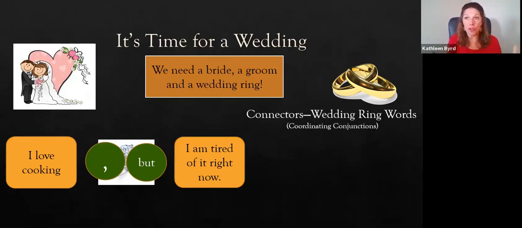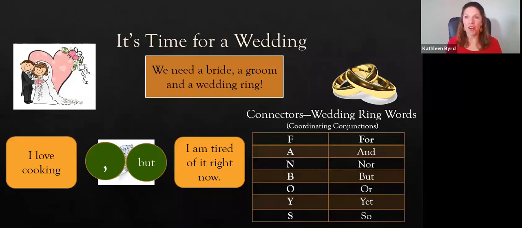So what are some other connectors? Some wedding ring words. Here they are, some of them. You can use fanboys to help you remember some of the most commonly used coordinating conjunctions for connectors.